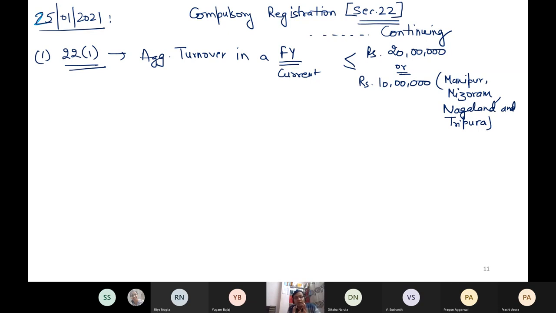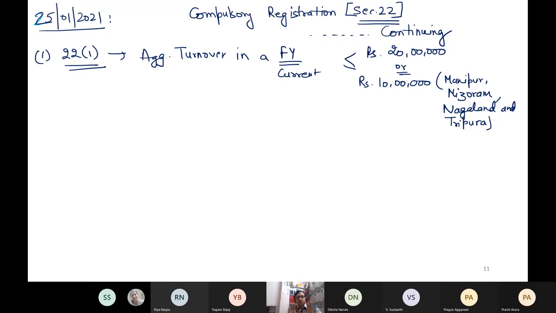So you should not go by my word that you have to take. I am discussing only section 22. The moment you go on, maybe other points will also come, where I will tell you that even if aggregate turnover exceeds these limits, you don't have to take registration. But right now, since I am standing at 22, I am dealing with 22 provisions. The moment I start 23, I will merge 22 and 23.